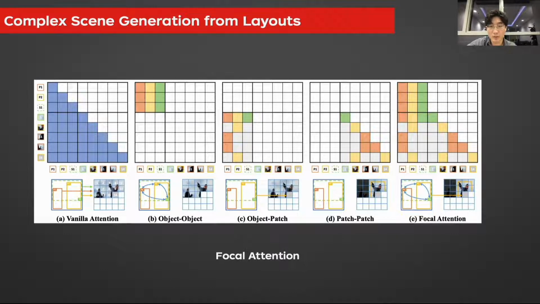C is object-patch interaction, which makes the patches aware of the object categories. D is patch-patch interaction, which introduces the composition or behavior of layouts. And E is our focal attention. It captures both object-level relationships and patch-level structures.